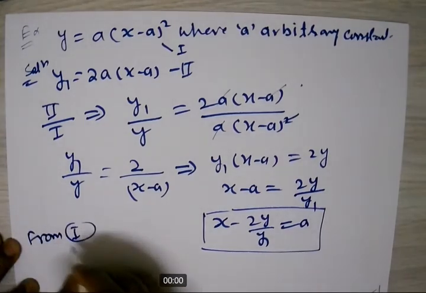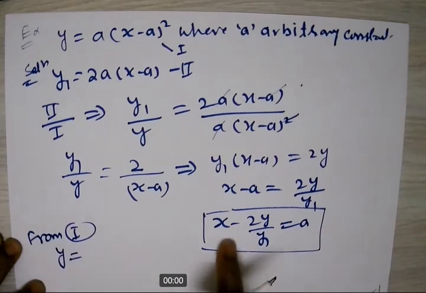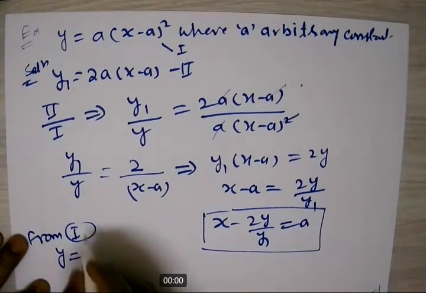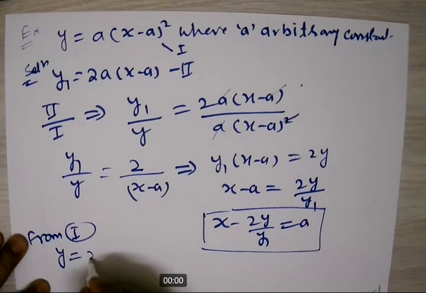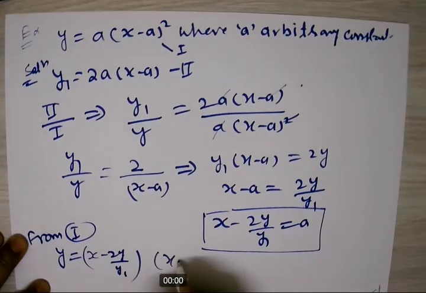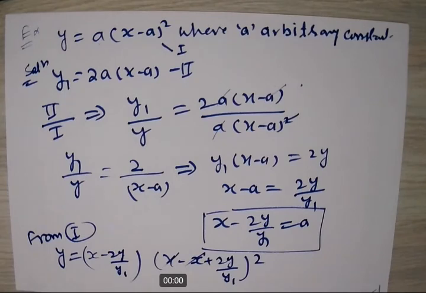Now from equation first, substitute this value of a here. A means x − 2y/y1, and x − a means x − (x − 2y/y1), so it is plus 2y divided by y1, all to the power 2. This and this cancel. After that, simplify.